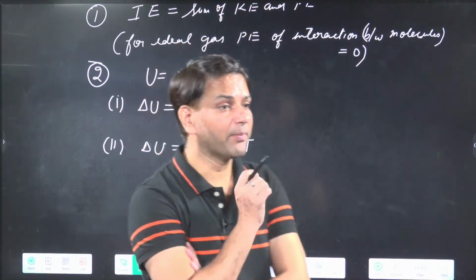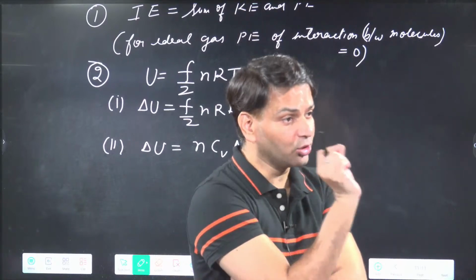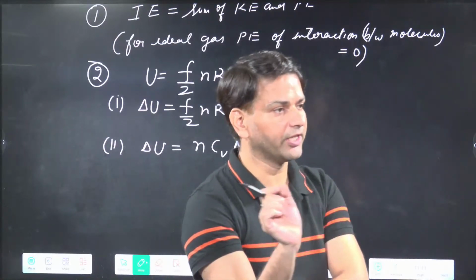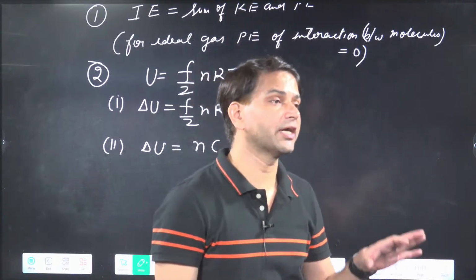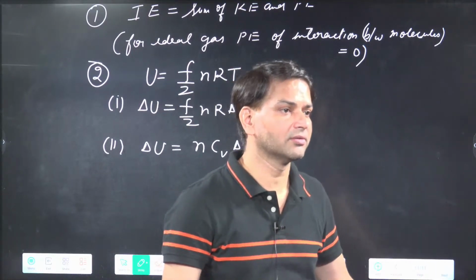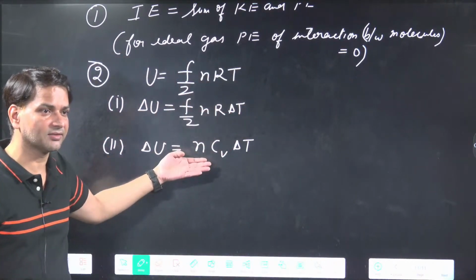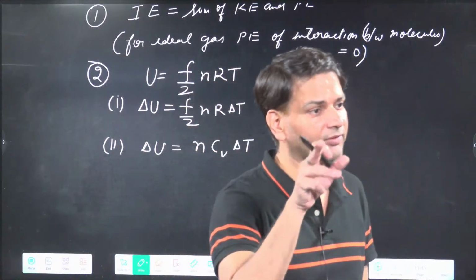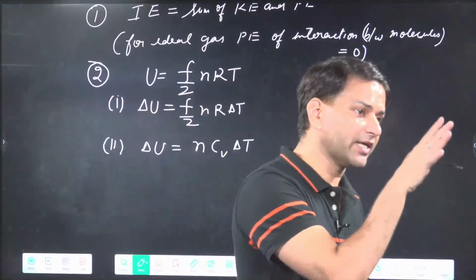At constant volume, if I am asking the heat, then you will say Q is equal to nCv delta T. So I can write heat as nCv delta T only when I have the constant volume process. But this delta U is applicable for all process. Heat, if I am writing for the different process, will be different. But here nCv delta T is not the heat. nCv delta T is the delta U.